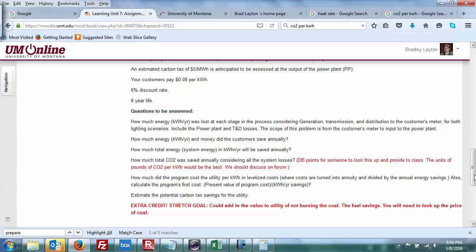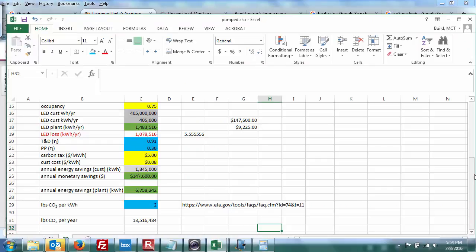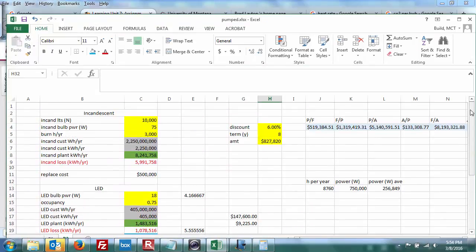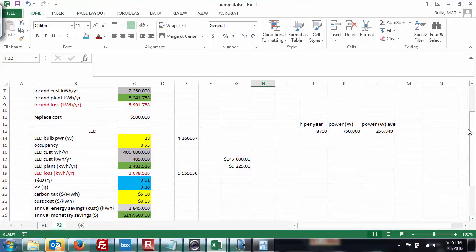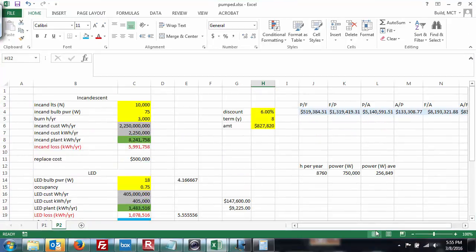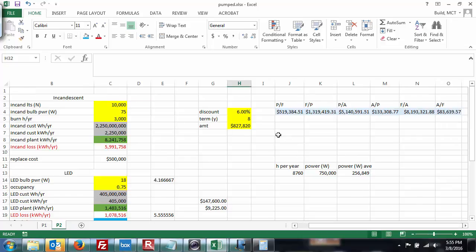Present value, program, cost per, okay, so what I've done here is I've copied in my handy-dandy financial functions that we spent a lot of time agonizing over.